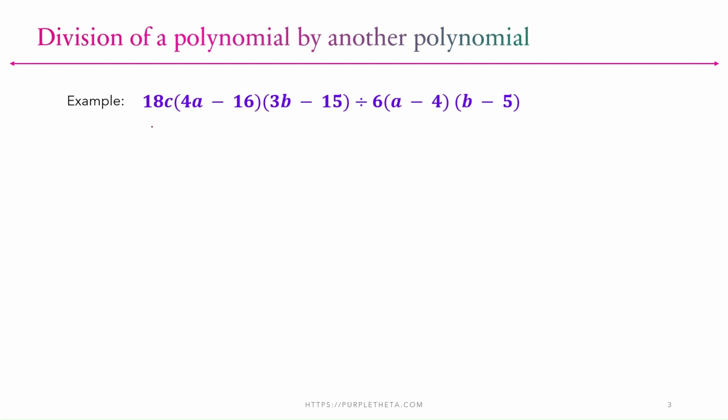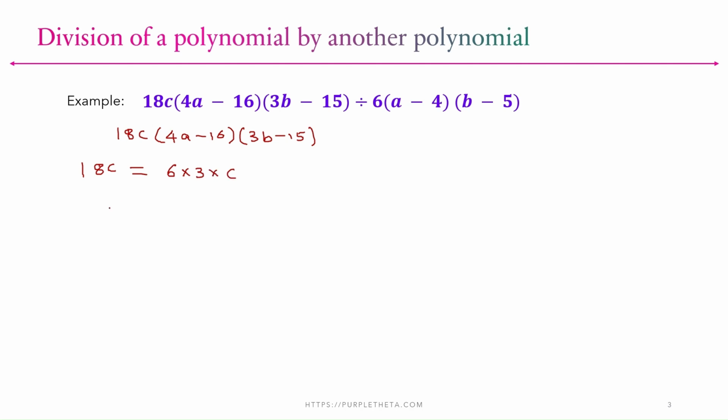Let us look at only the numerator, that is 18c multiplied by (4a minus 16), then multiplied by (3b minus 15). Let us factorize each part. So let us factorize 18c first. 18c is equal to 18 written as 6 multiplied by 3, and then multiplied by c.